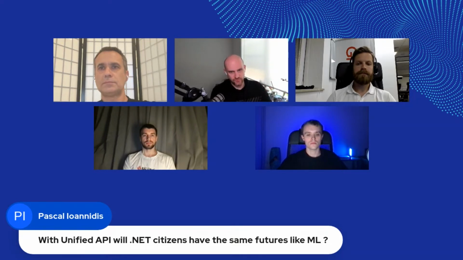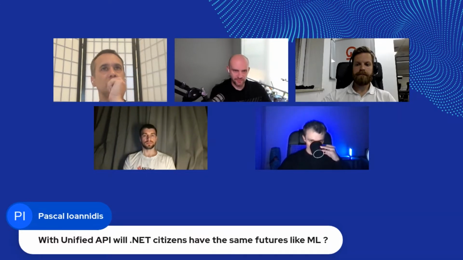So the idea behind unifying the APIs is that essentially there are two things. First of all, it's a unified API for server side and client side, so it doesn't matter where you invoke the API. On the server side or on the client side, you have the same set of interfaces and the same set of methods.